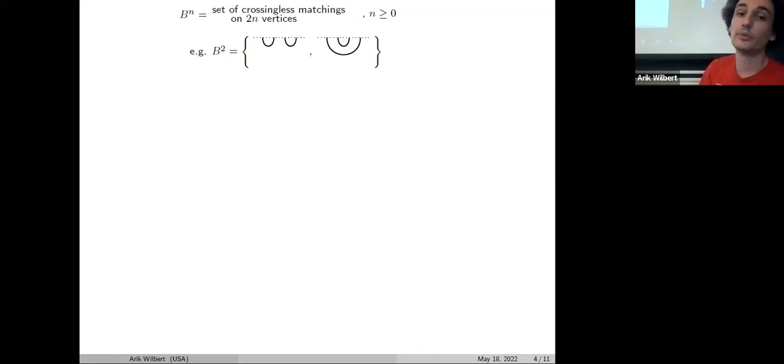I don't want these diagrams to cross. So let me see if I can write something. Oh yeah, this actually works. This is, for example, forbidden, because this is a diagram which has crossings, and we only want crossingless diagrams. If you look at crossingless diagrams on 4 vertices, these are the only 2 options that you have, okay?